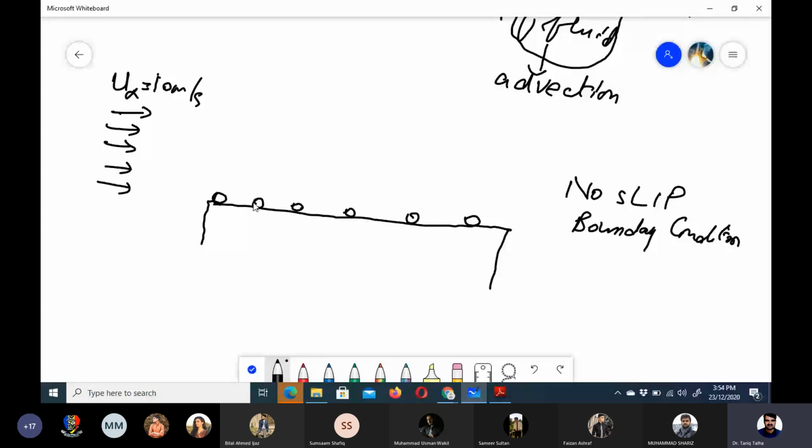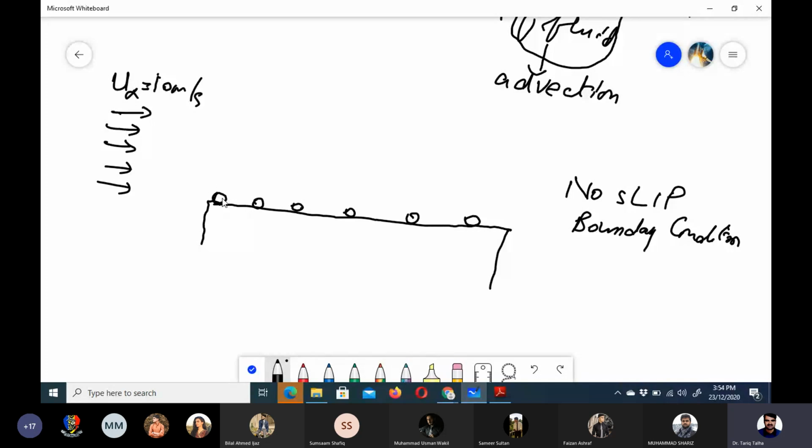coming into interaction with this surface would have the same velocity as the surface, but that velocity can be non-zero in the case of some aeroplane which is moving. In that case, the fluid particles on the surface of the aeroplane would have the same velocity as that aeroplane, right?